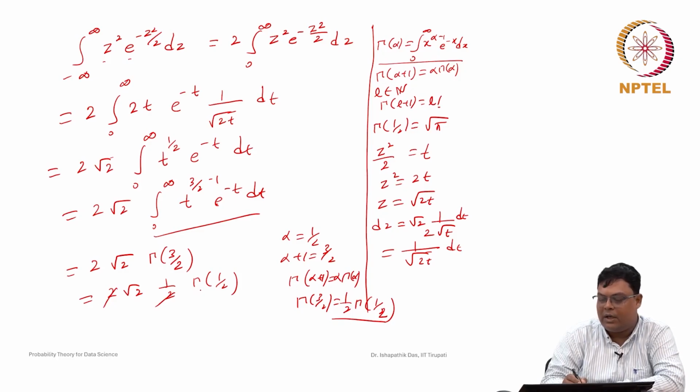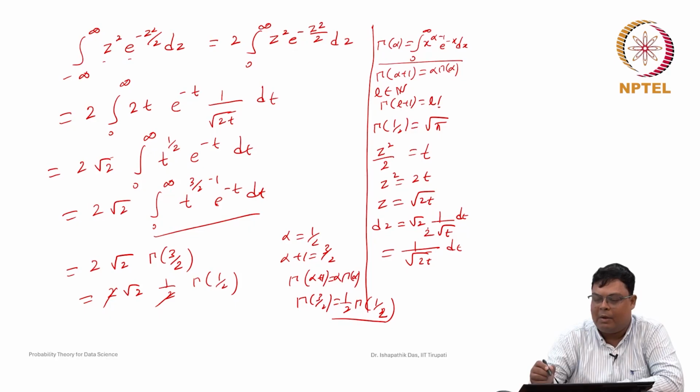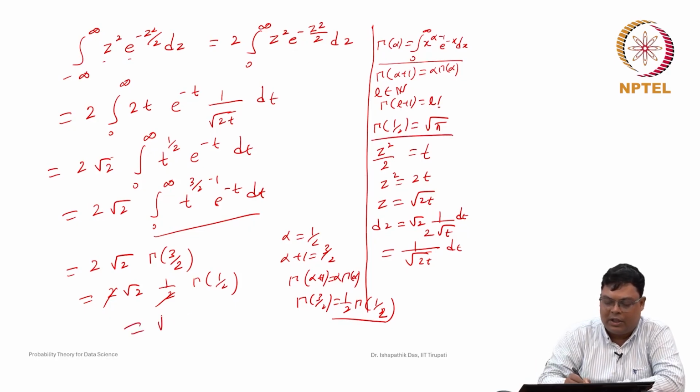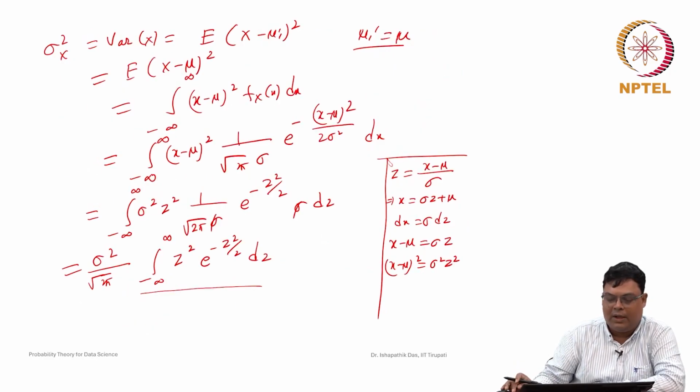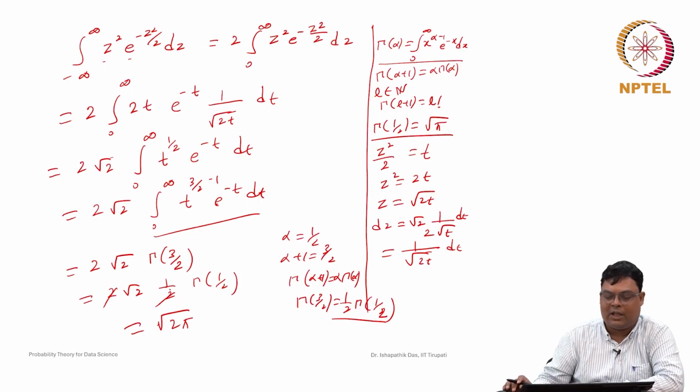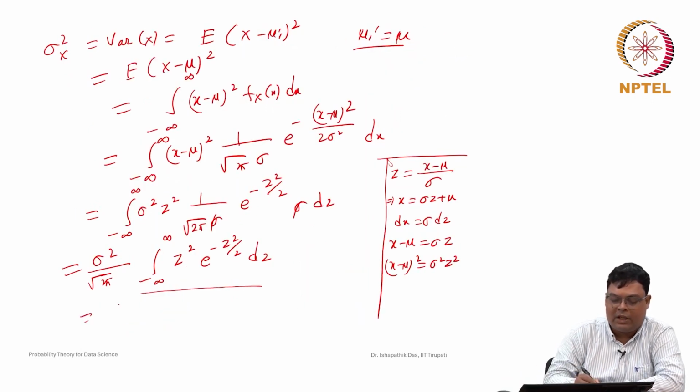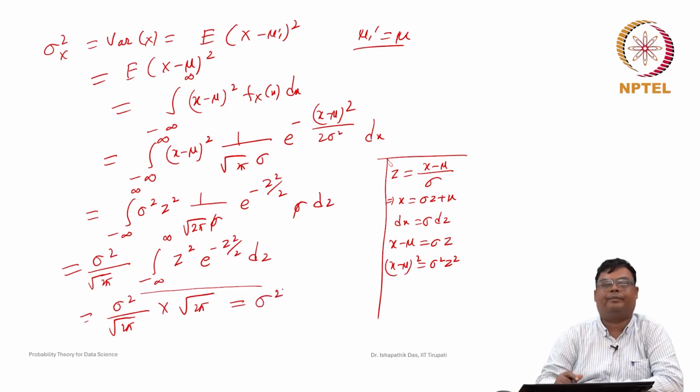Then gamma half is equal to root pi, so this is nothing but root over 2 pi. Hence, you see that this value we have computed is root 2 pi, so it is sigma square by root 2 pi into root 2 pi, which is nothing but sigma square.